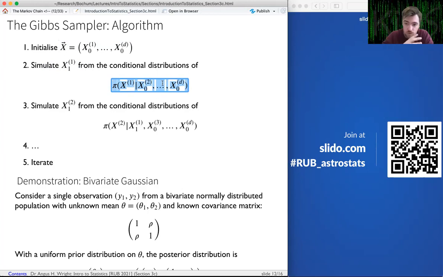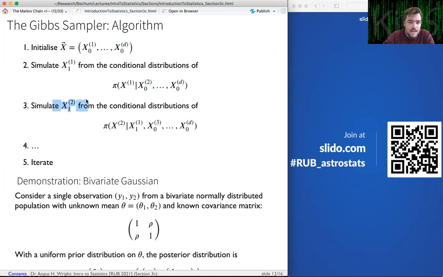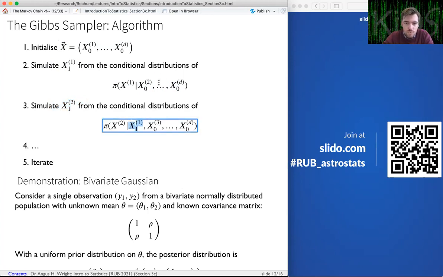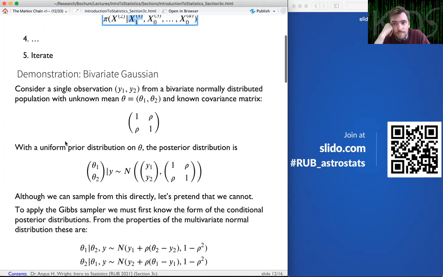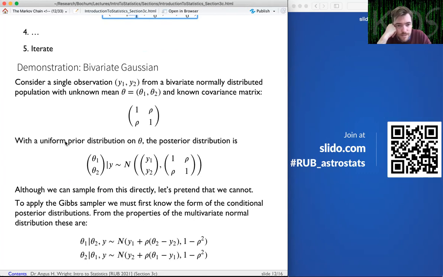We then simulate the second dimension from the conditional distribution given the value we just drew, and all of the others. This might not make a lot of sense to you in terms of these formulae, so we're going to just look at it in practice.